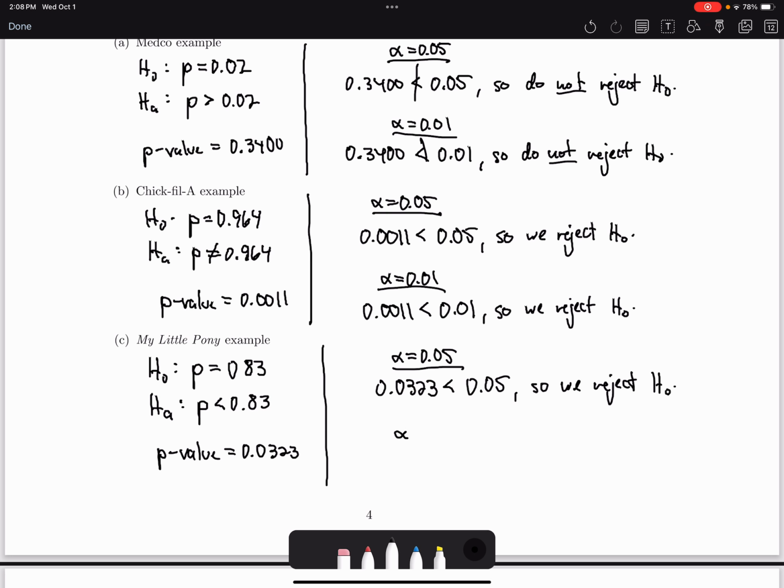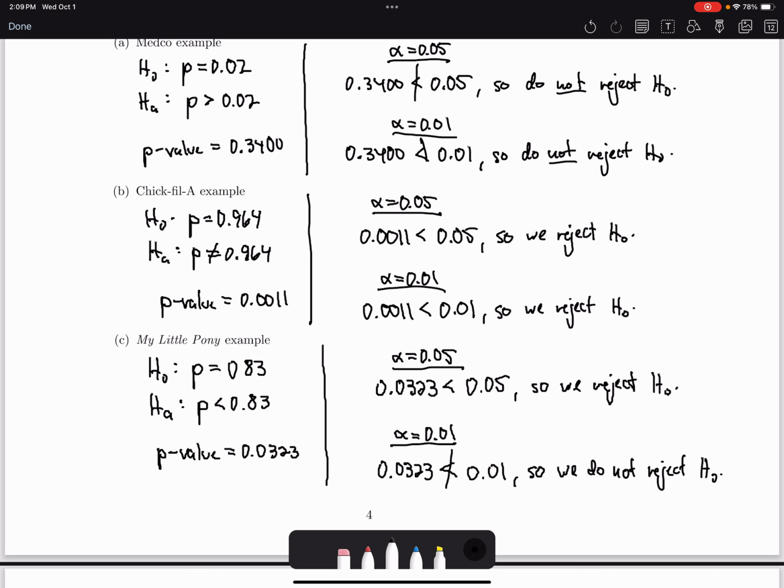But notice that if we use a 0.01 level of significance, then when we compare our p-value to alpha, our p-value is not less than alpha. So in this case, we do not reject H null.